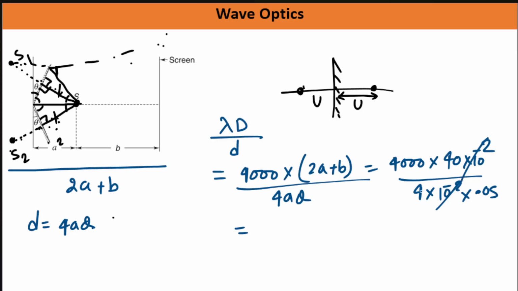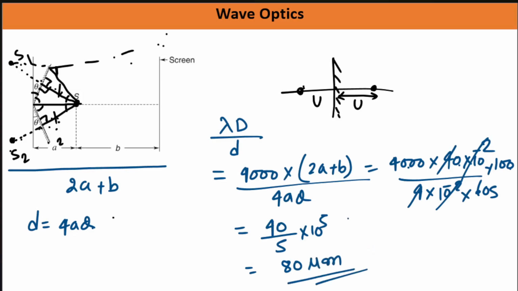This will get cancelled and this will get cancelled. We are left with this into 100 आप लिख लो. So this is basically 40 by 5 into 10 to the power 5. So 8, and you can say that 80, this is micrometer, 80 micrometer. Okay. So this will be your answer for the first one.